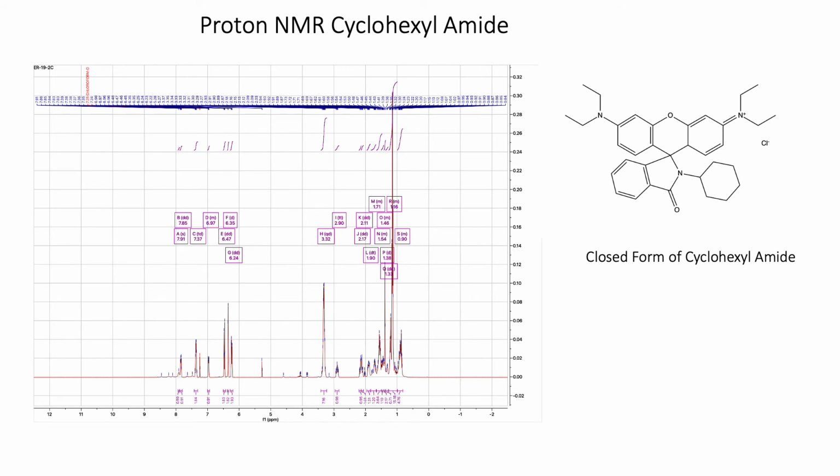And similar to the last proton sample, the narrow multiplets around 7.4 again indicate that this is the closed form of the cyclohexylamide, which is shown right here to give an idea of what it looked like and what we likely synthesized in the lab based upon this NMR result.